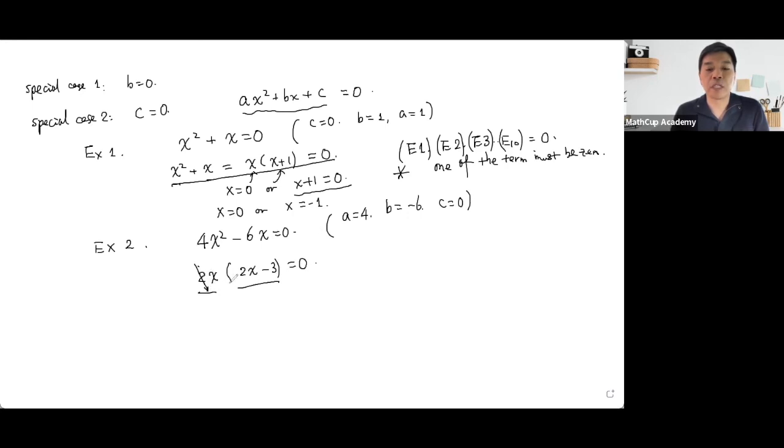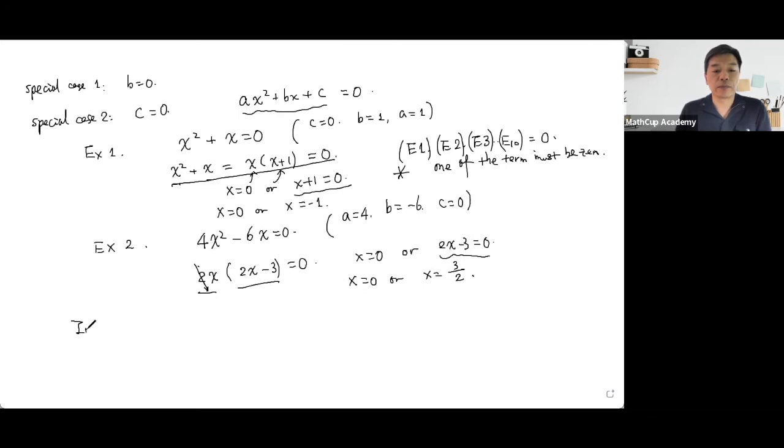So for these terms multiplied together equals 0, either x equals 0 or 2x minus 3 equals 0. So we have the two solutions, x equals 0 or x equals 3/2, by solving 2x minus 3 equals 0: moving the 3 to the other side and dividing both sides of the equation by 2. So that's the solution to this quadratic equation.